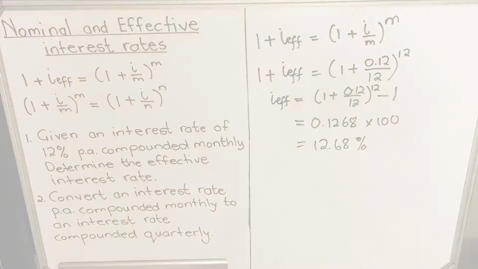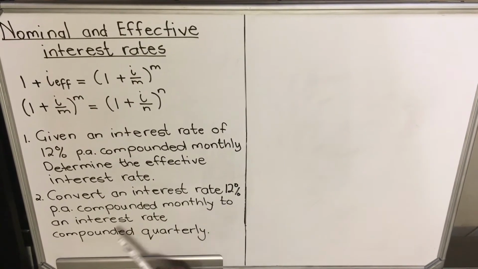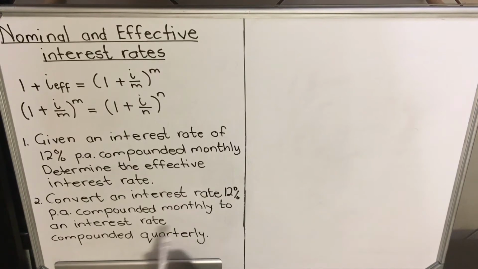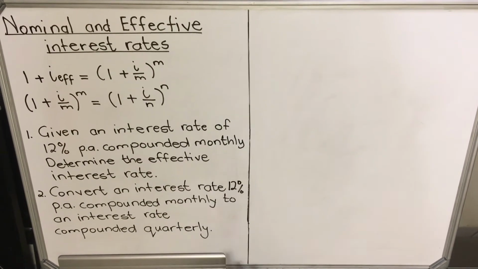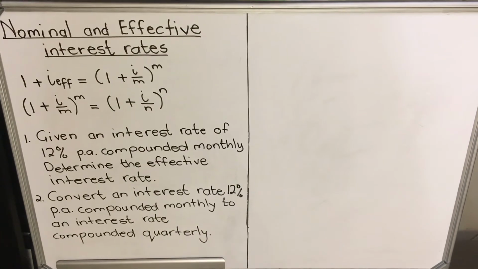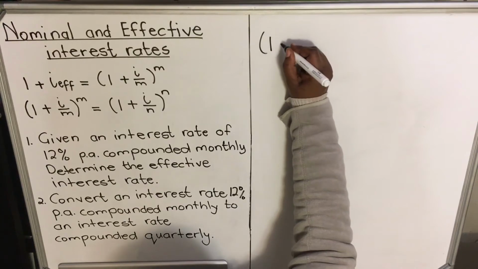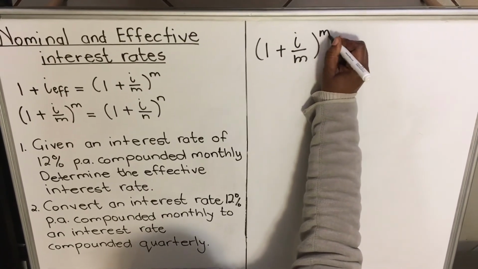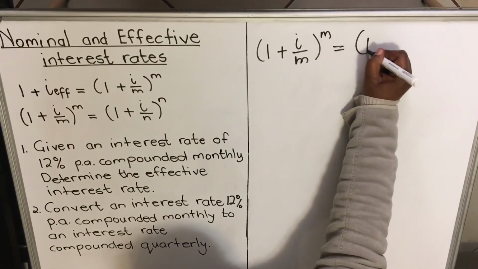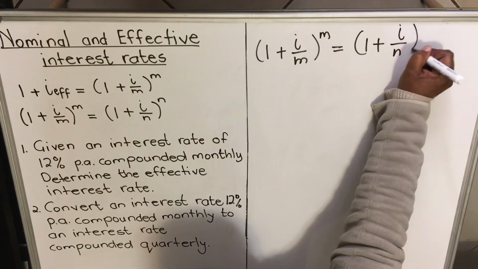Let's look at the next example. Next question: convert an interest rate of 12% per annum compounded monthly to an interest rate compounded quarterly. So here we are given two nominal interest rates. So you're going to use this formula where 1 plus interest nominal is equal to 1 plus interest nominal.